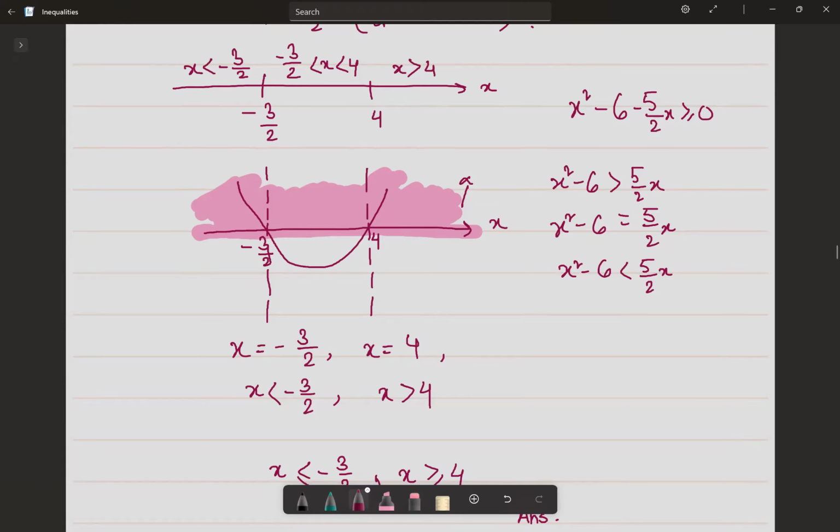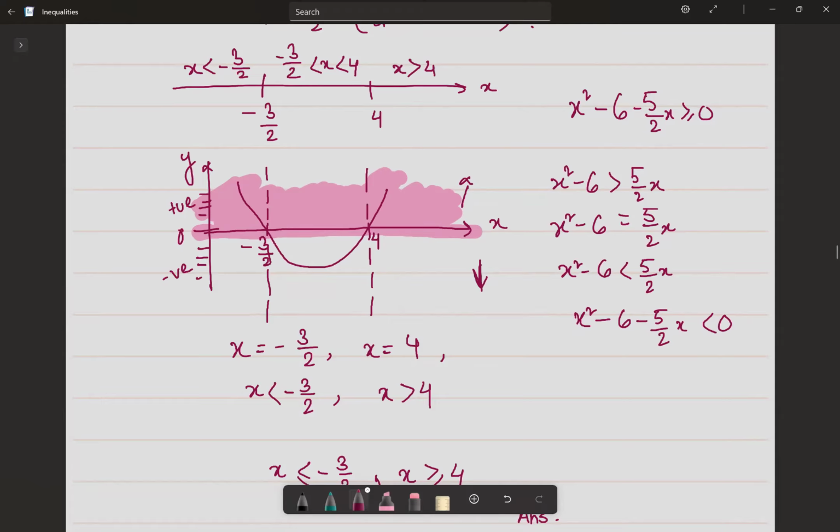We can write that this is greater than 0, and then for any points below the axis, we can write x square minus 6 minus 5 by 2x, which is less than 0. If we draw the y-axis, we can see that all points below the 0 represent negative y, and all points above represent positive y. So above the axis, we have positive, and below the axis, we have negative numbers.